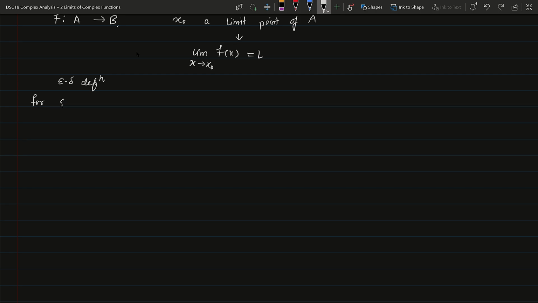For every epsilon positive there exists some delta positive such that the modulus value of f x minus L, that means the distance between f x and L, is less than epsilon whenever the distance between the point x and x naught is less than that delta and greater than 0. This greater than 0 means that x cannot be equal to x naught. That means we are talking about the deleted neighborhood of x naught.